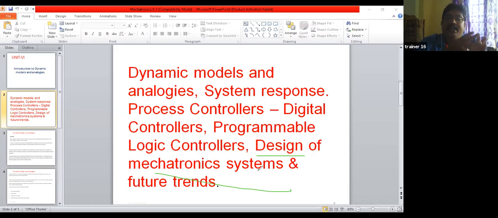We have to design and develop a mechatronics product, with four or five examples and future trends. We'll discuss that. This is the complete unit 6.